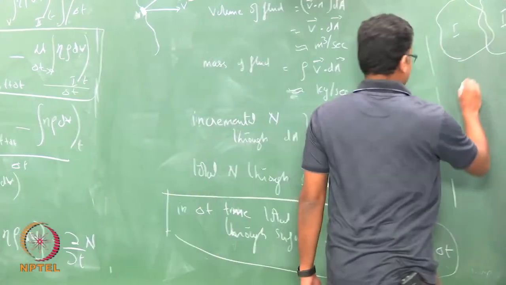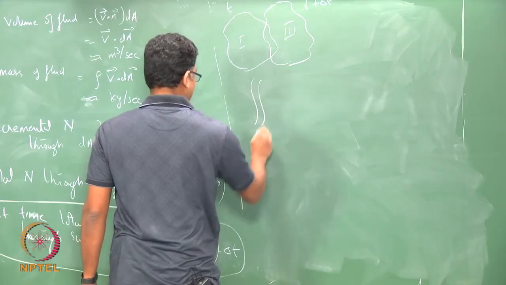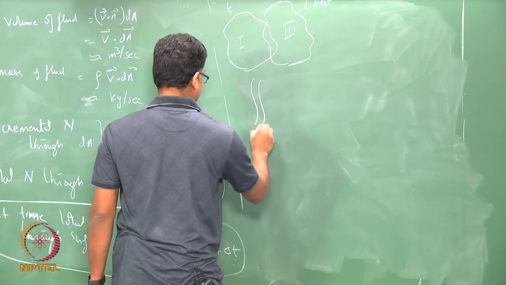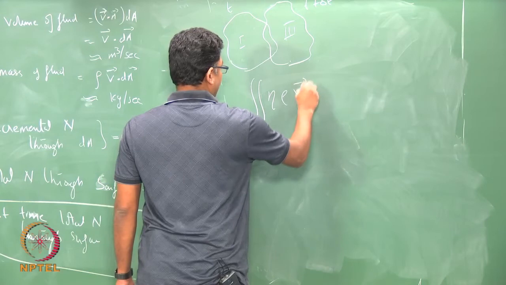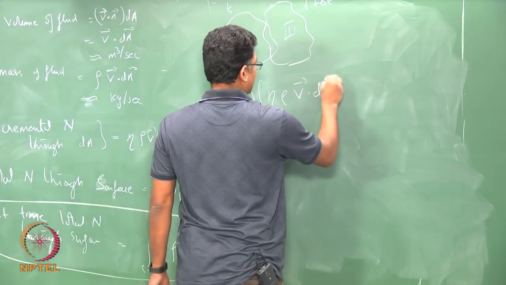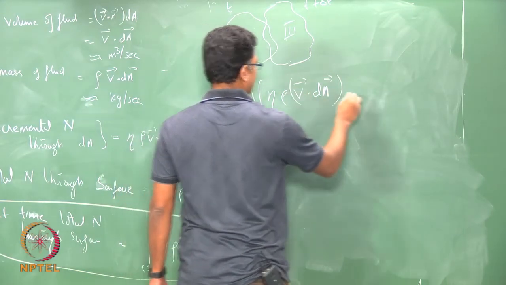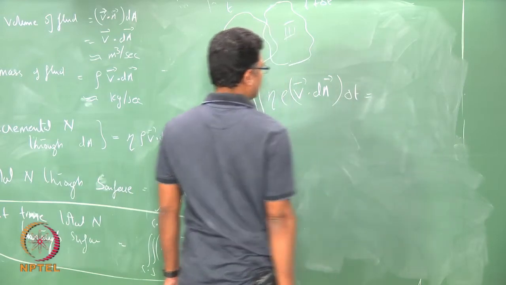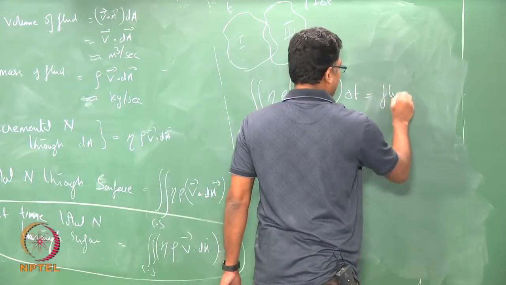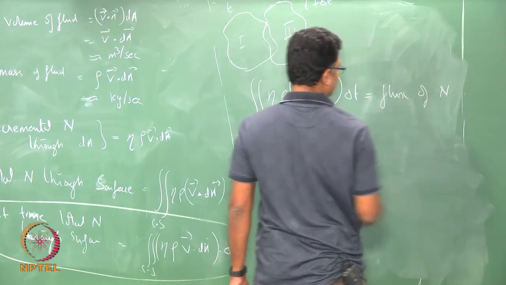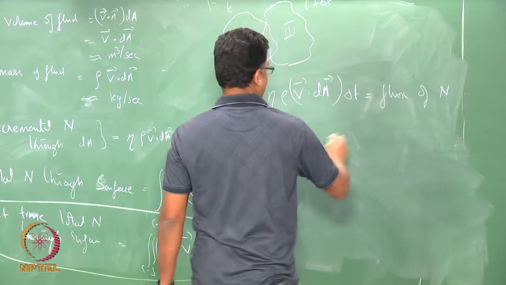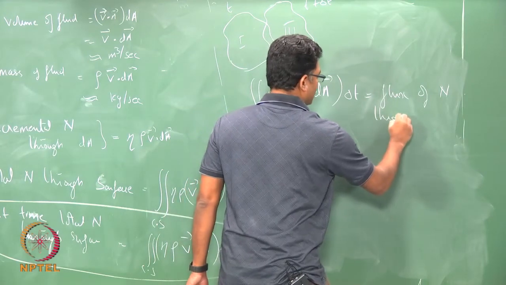So, essentially the integral over CS of eta rho V dot dA delta t is the flux of property N through the control volume, through the control surface.